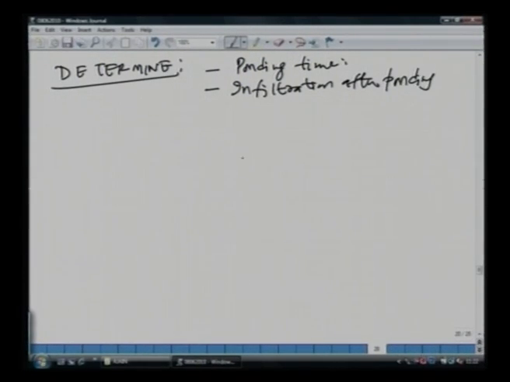Okay. And once we have found the infiltration after ponding, we can find what is called the ERH, or the effective rainfall hyetograph. So, you see that if we have the rainfall data only, with no flow data available, we can use the rainfall data and the infiltration equations, for which we need the parameters. So, we will develop this algorithm, or a flow chart, through which we should be able to find the effective rainfall hyetograph.